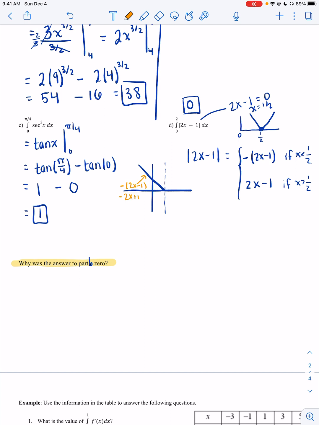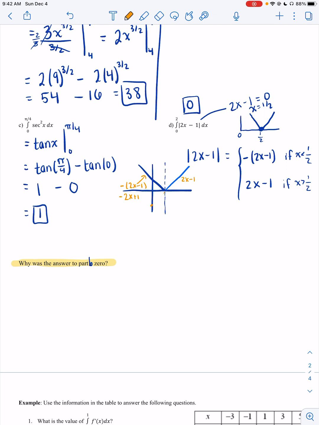So it's a line with a y-intercept of 1 and a slope of negative 2. And the other half is over here, and that line is 2x minus 1. If we continued it, it would have a y-intercept of negative 1 and a slope of positive 2. So now all we're doing is breaking this up into two integrals.